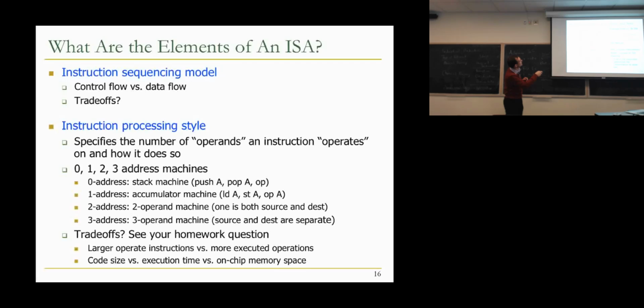If you have a 1 address machine, this is an accumulator machine, you can actually specify what to add to the accumulator, for example. 2 address machine, now you have 2 operands. If you're adding 2 things, let me actually use the board now, and I'll try to stick to this side so that it can be recorded.